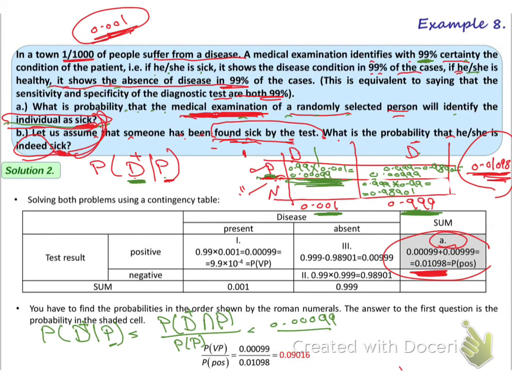Positive means the total positive, not positive with disease, the total positive, okay? The one which we just got in step A, okay? 0.01098. So the answer will be 0.0916, okay? This is the answer.